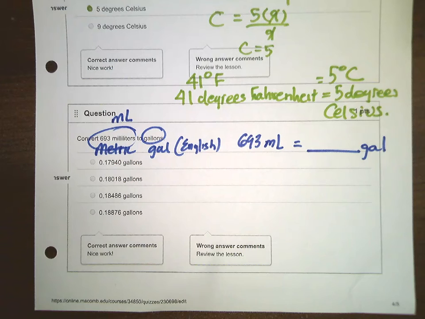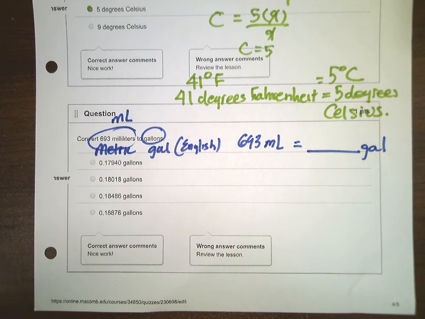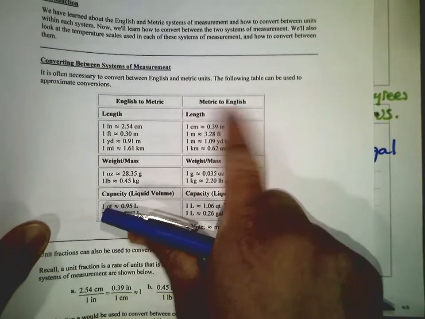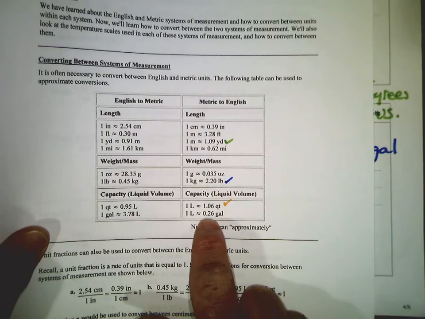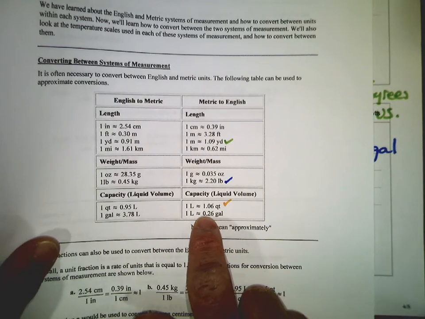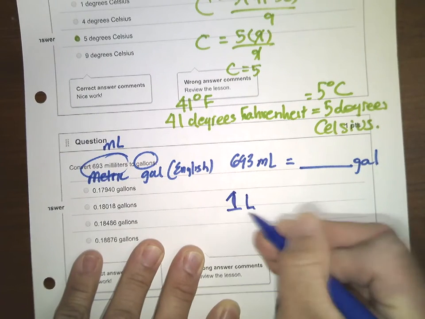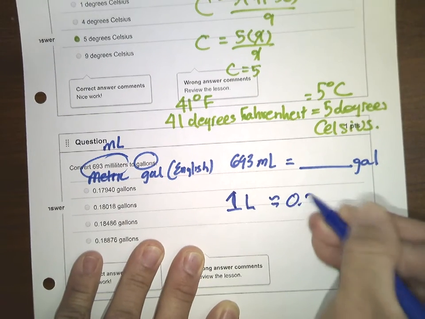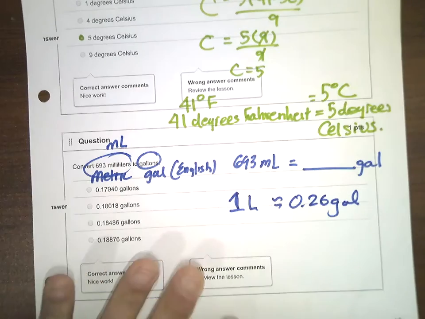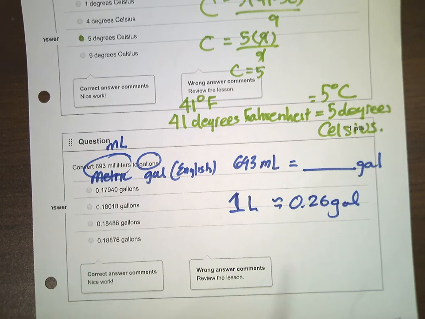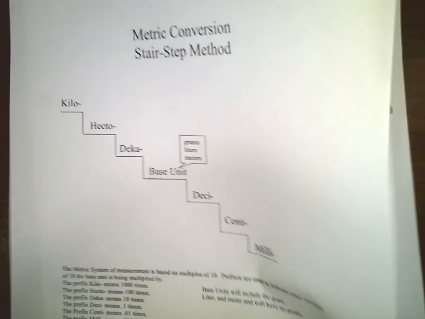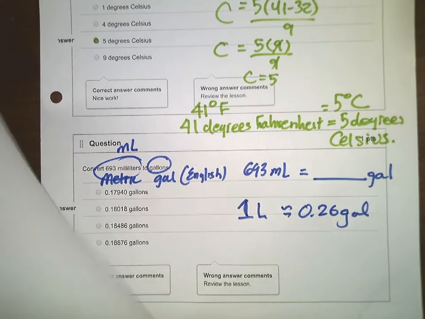So let me look at my conversion chart from metric to English and see if I can find anything that I might be able to use. All right, metric to English, and I see that 1 liter is about 0.26 gallons. But then I need to convert the 693 milliliters to gallons, so I can use the metric staircase to do that.